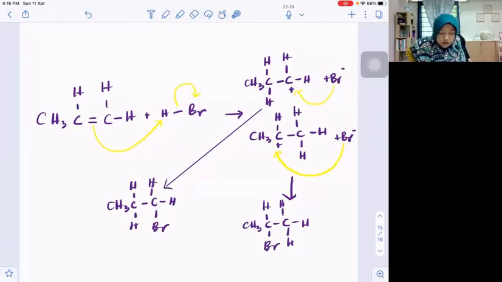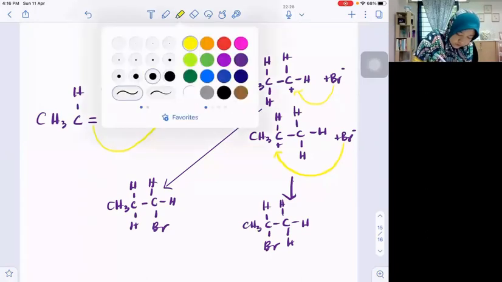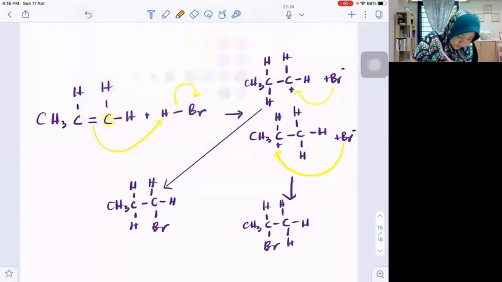According to the Markovnikov rule, the major product is formed when the hydrogen is attached to the carbon that initially has more hydrogen. Obviously, between carbon 1 and carbon 2, carbon 1 has more hydrogen, so the major product will be this one.